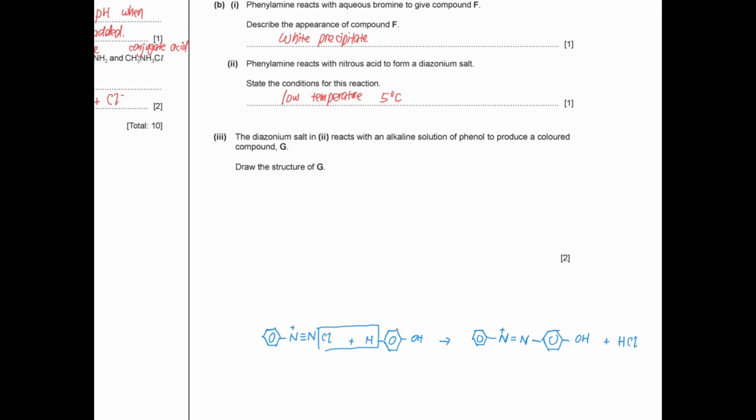Okay, so this is the azo dye. Our answer here, they expect you to draw the azo dye. They say the colored compound, so that is the azo dye, which is this structure. Okay, so yeah, like that.